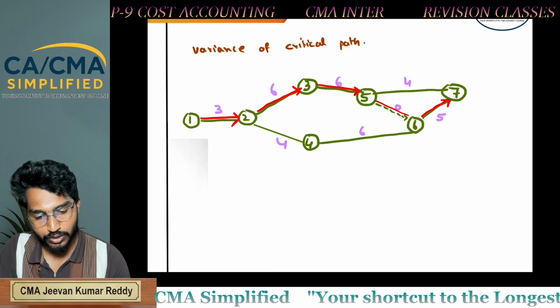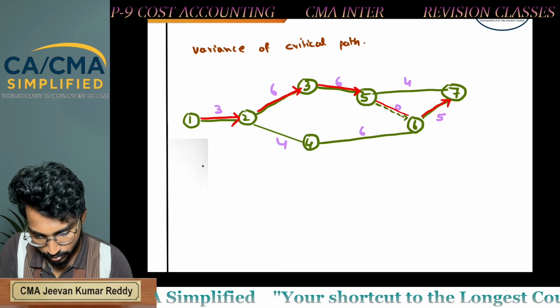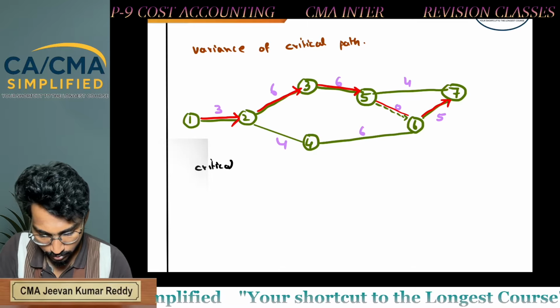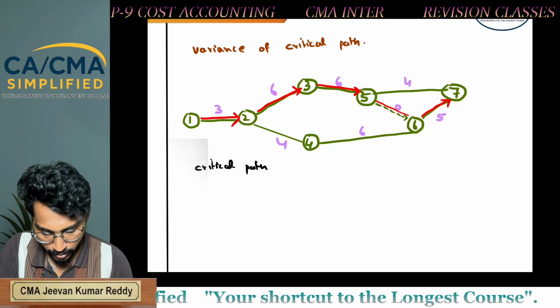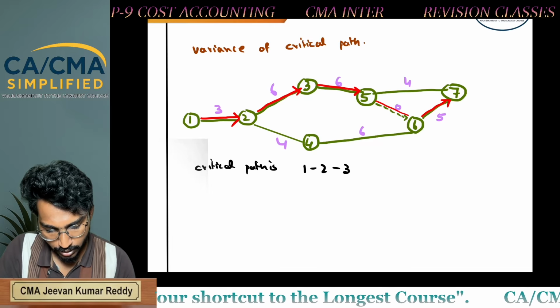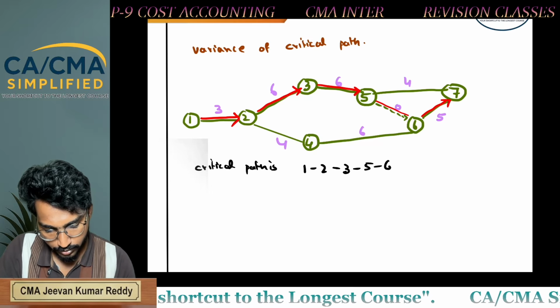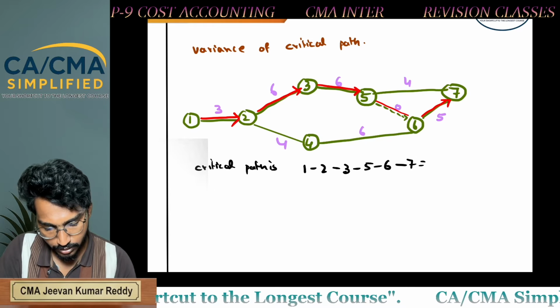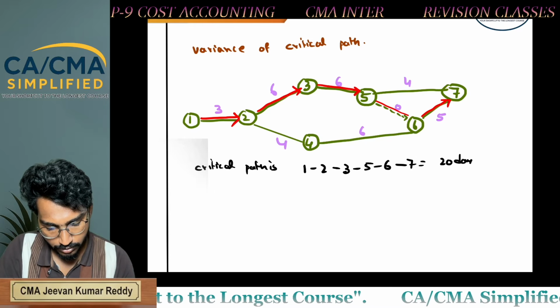So the critical path is 1 to 2, 2 to 3, 3 to 5, 5 to 6, 6 to 7, and the duration is 20 days.